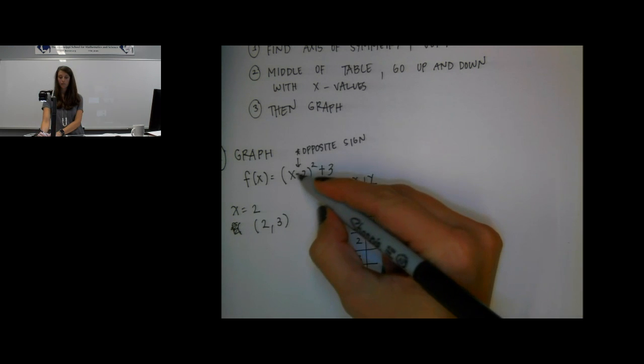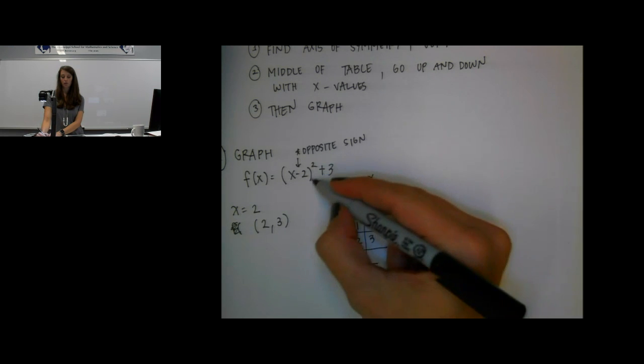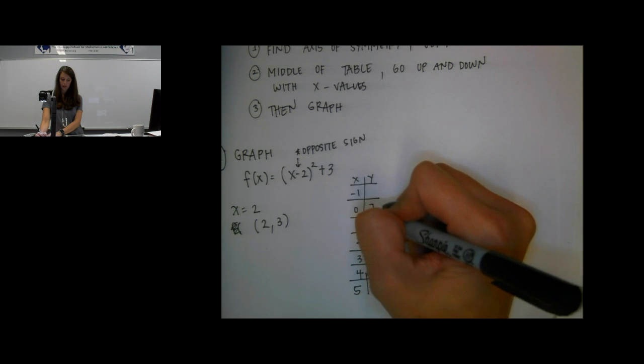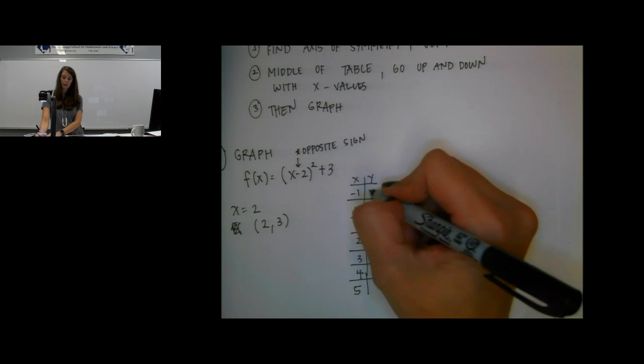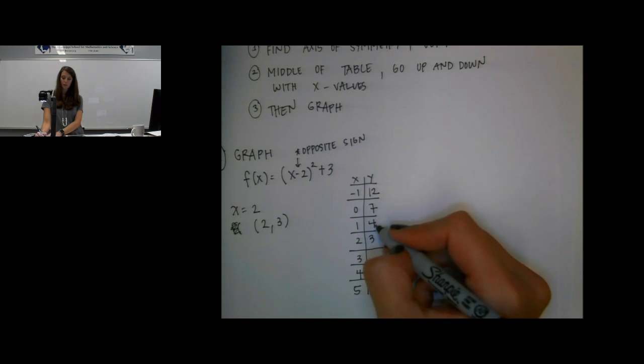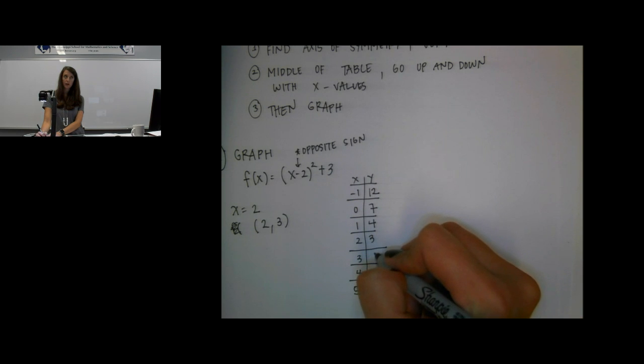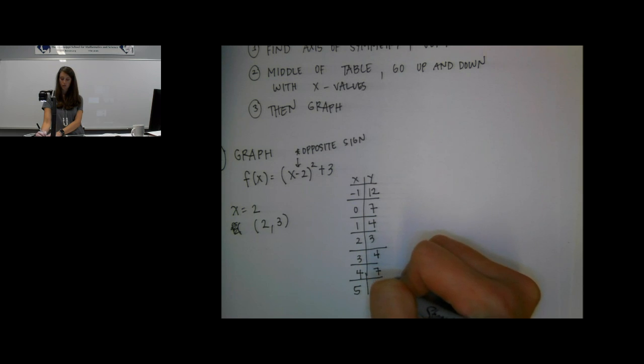Plug in a 0, negative 2 squared gives you a 4, 4 plus a 3 gives you a 7. Negative 1, that's a negative 3 squared, gives you a 9, 12. So it's going to be symmetric, so now these values will be 4, 7, and 12.